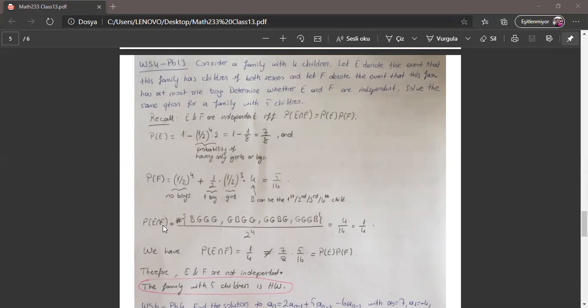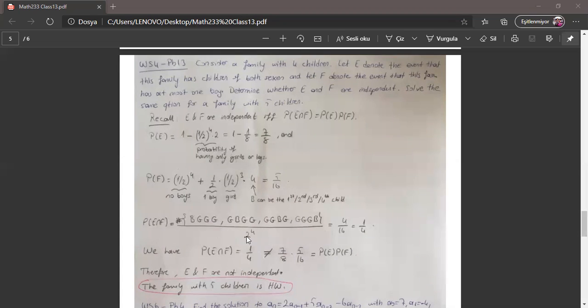What's E intersection F? They need to have children of both sexes and at most 1 boy. So the case is this, okay? Either the first one will be a boy and the remaining ones will be girls, or another arrangement. We have 4 such events.